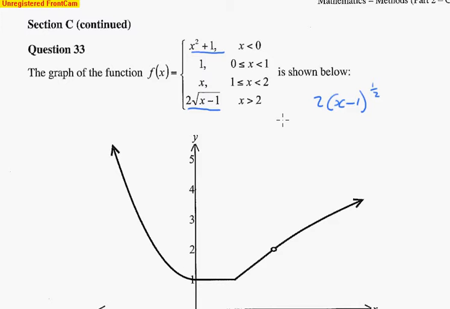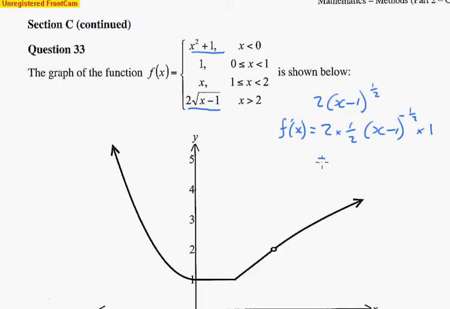Now the derivative: the 2 is still there from the front, you bring the power to the front, so times a half, whatever's on the inside to the power one less than that, one less than a half is minus a half, all multiplied by the derivative of the inside part. The derivative of x minus 1 is just 1.